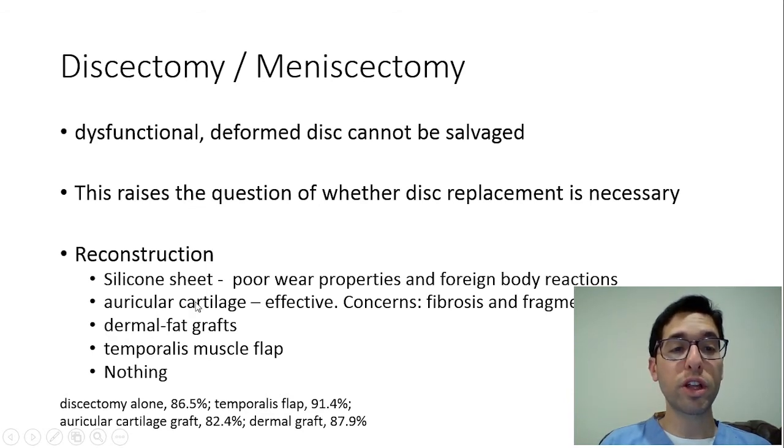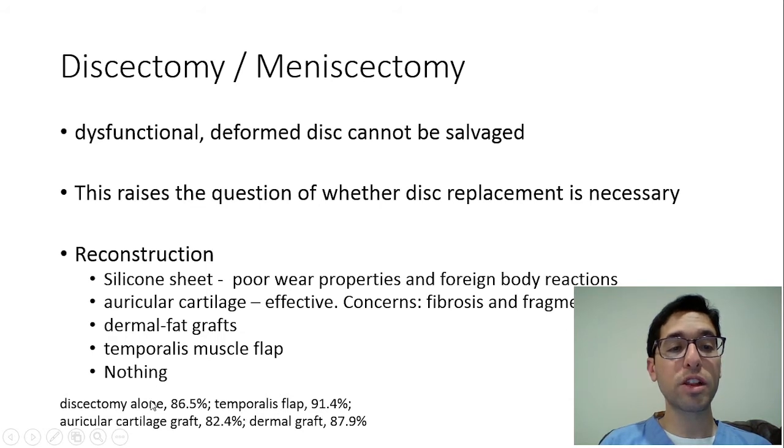You could use auricular cartilage, so you could borrow cartilage from the ear. That has been shown to be effective, although it wasn't perfect. There are concerns about the cartilage becoming fibrotic or fragmenting. You could also use a dermal or a fat graft. You could use a temporalis rotational flap, or you can simply just do nothing. And they all have various successes.